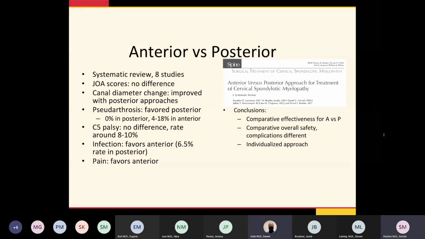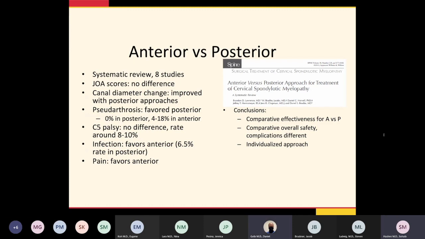The pseudoarthrosis rates were lower in a posterior-based surgery. They found no difference in C5 palsy rate, which was around 8 to 10%. Infection was also lower in the anterior surgery cohort, and pain was lower in the anterior surgery cohort.